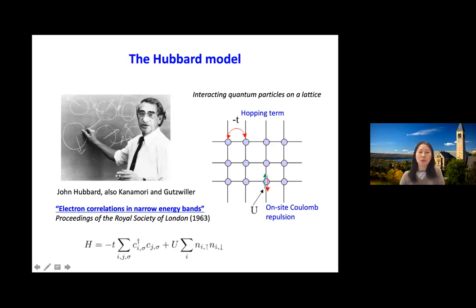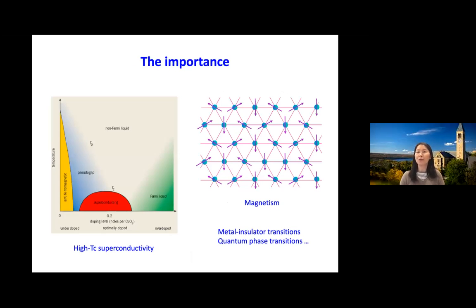The model was first proposed by Hubbard in the 60s, along with a couple of other scientists. This model is very important in condensed matter physics because it is thought to capture the essential physics of high temperature superconductivity, magnetism, and many other emerging quantum phenomena.